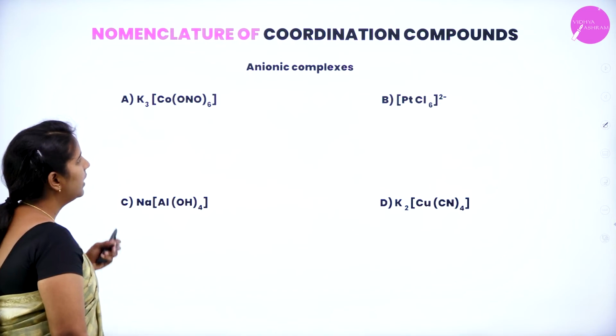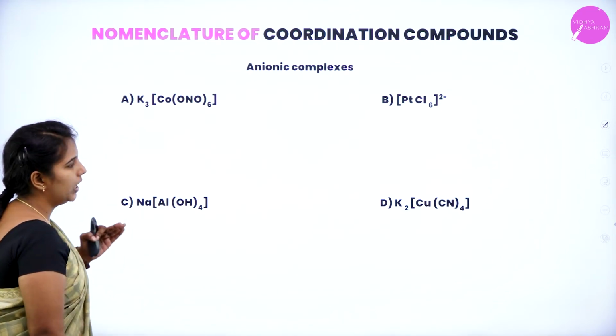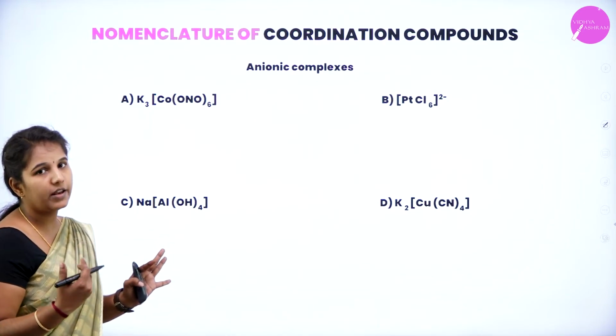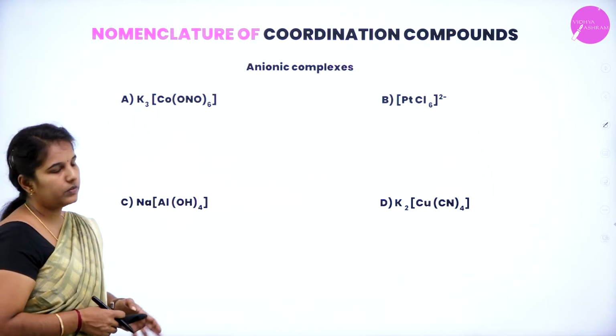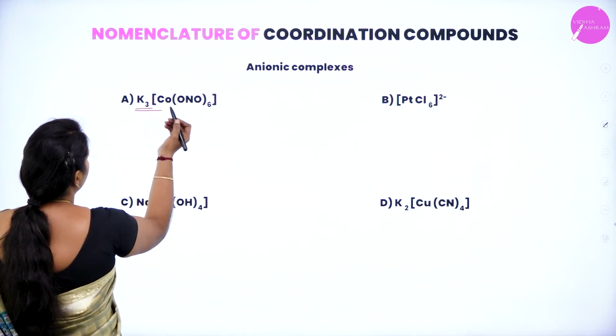We have anionic complex examples also. We'll see how to name these complexes. Always remember, when you're naming these anionic complexes, always name the metal with the ate ending. Okay. So how to start here? You can see here how to calculate the oxidation number.